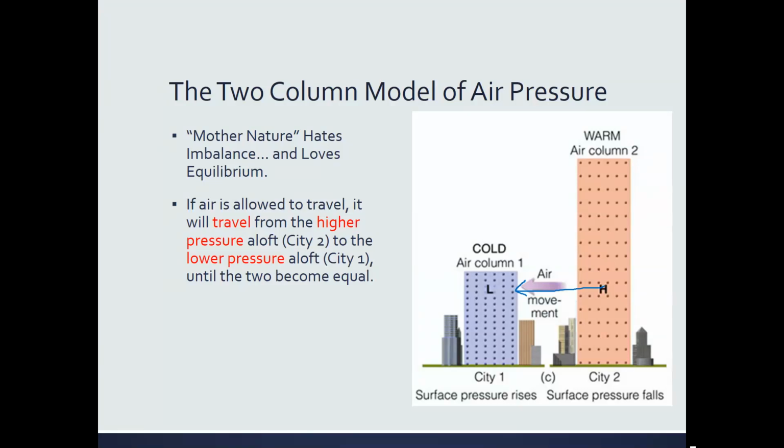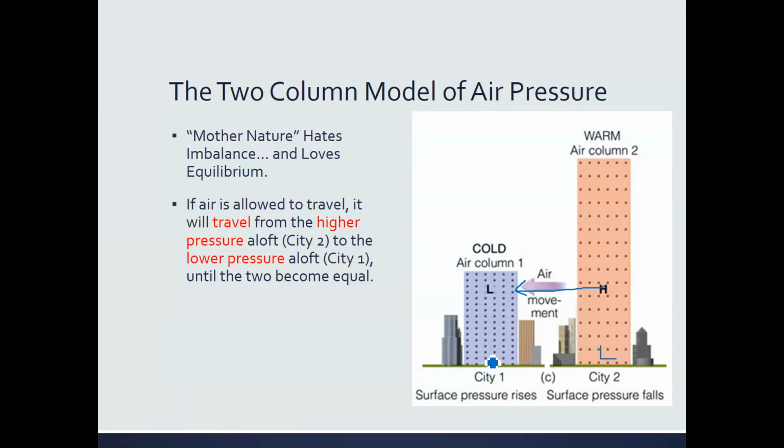Here's the problem though. You now have air escaping this column. That causes surface pressure to decline here. Why? Because now you have fewer dots here. You have air that's traveling away. So that causes surface pressure to lower.